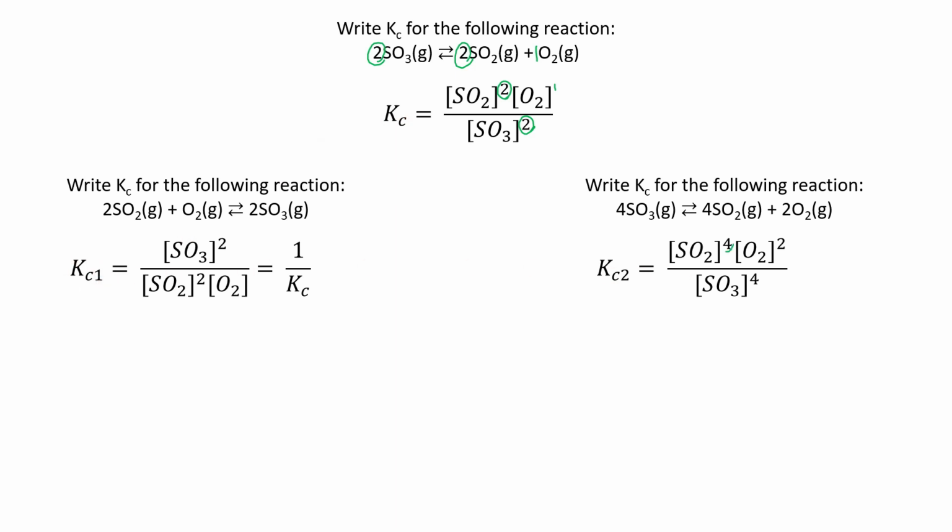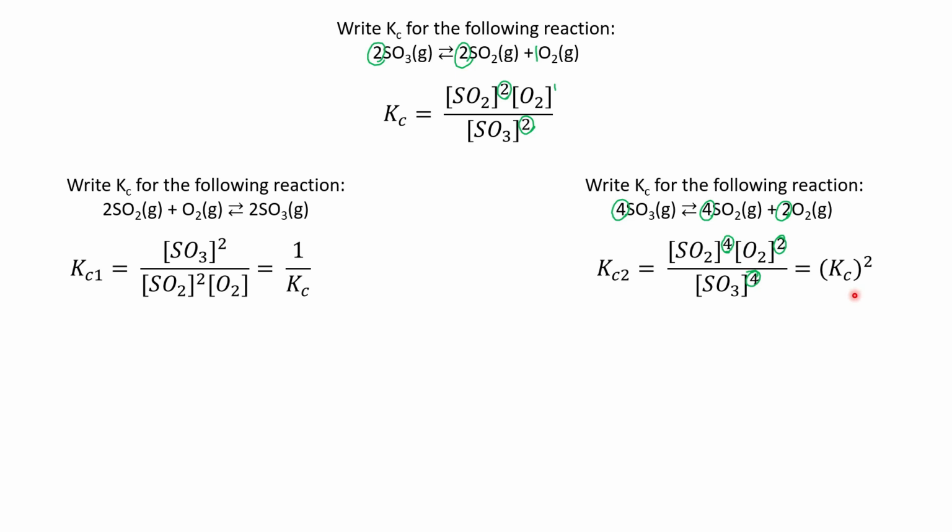But this time my SO2 is raised to the 4th. Again, I'm just following my stoichiometric coefficients here in my balanced chemical equation. But there's definitely a relationship between Kc2 and Kc, and it's not multiplied by 2, it's actually squared. So remember, your coefficients in your balanced chemical equation go to exponents here.